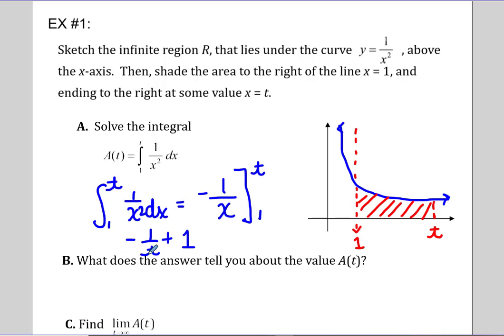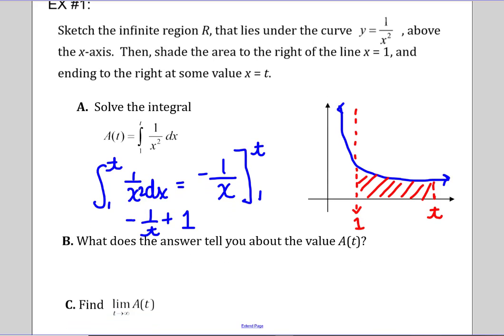So what does that tell us about the behavior of that shaded region? If we consider some large value of t, we see that the value is really close to 1. So that tells me the limit does exist.